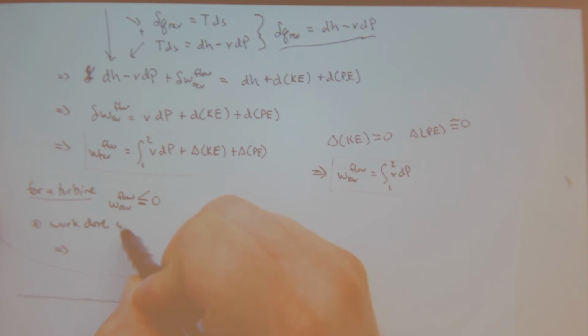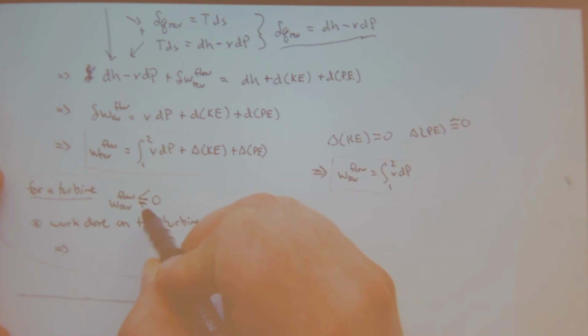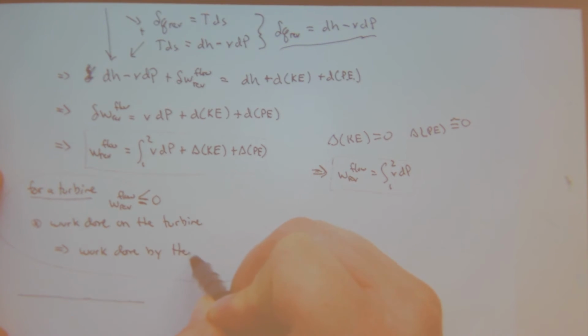So the work done on the turbine is here. The turbine does work, right? So the work done on the turbine is this. Work done by the turbine is positive.